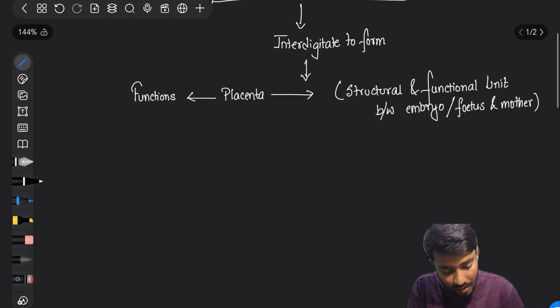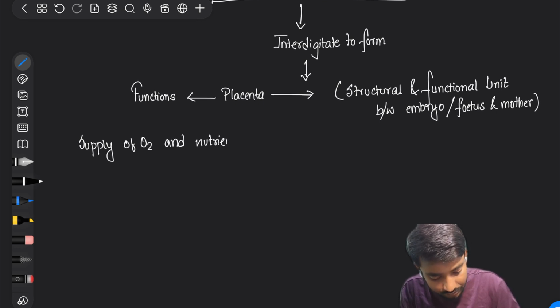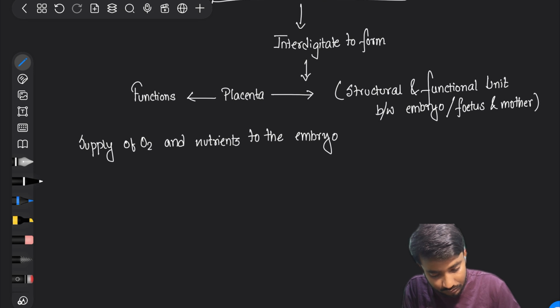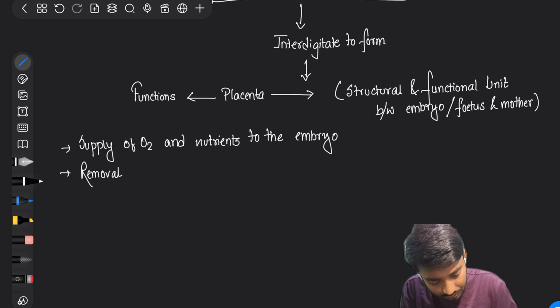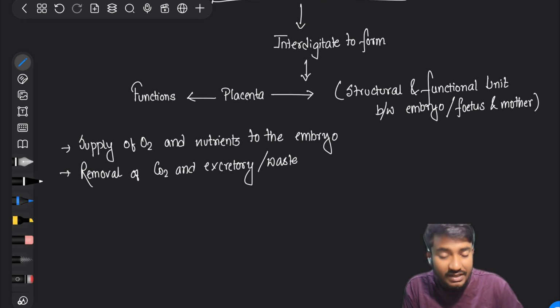Now the supply of oxygen and nutrients to the embryo. So here comes the removal of CO2 and excretory waste materials produced by the embryo.